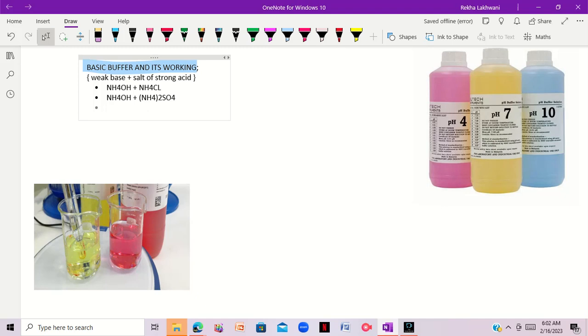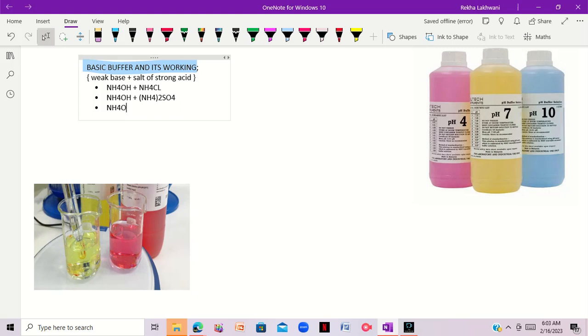Now, in my acidic video, I told you that we can do any kind of reaction, and if we form this product, it can also be a basic buffer or an acidic buffer. So let's have these kinds of examples too. For example, this is ammonium hydroxide, a weak base.